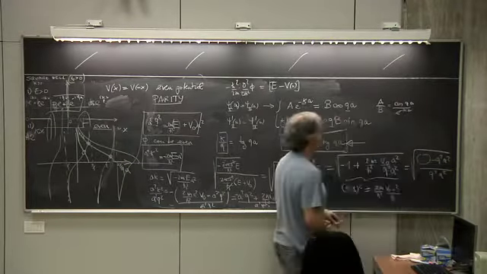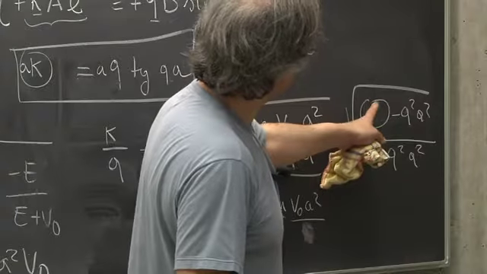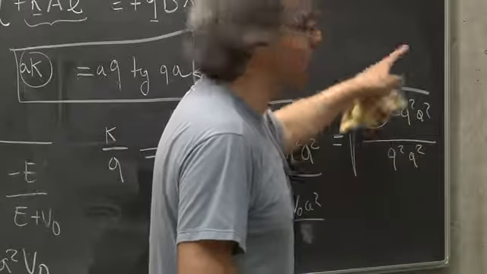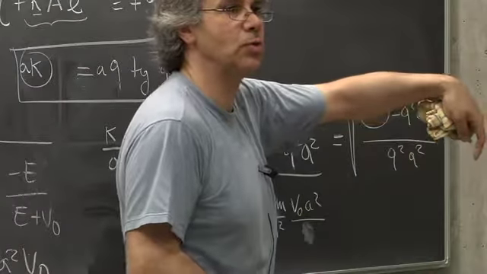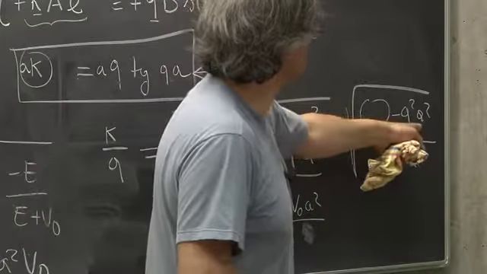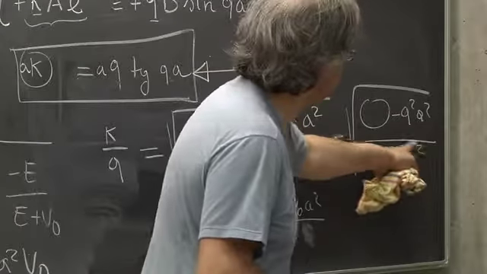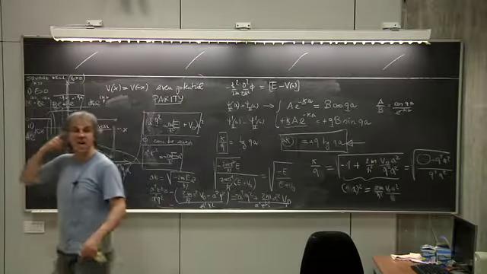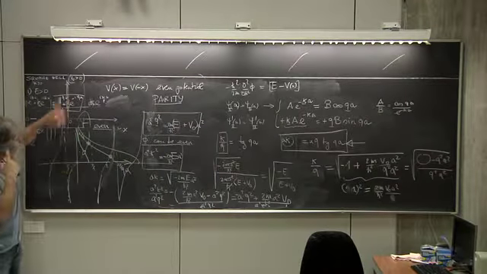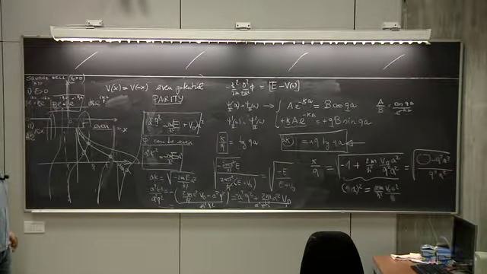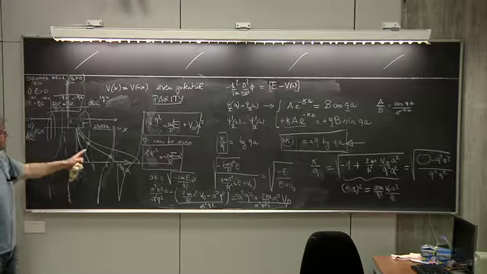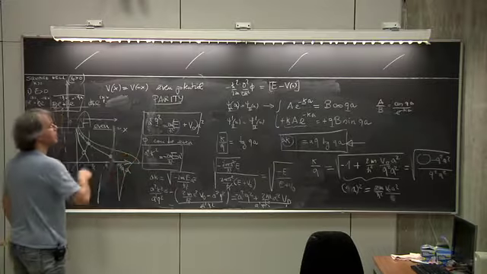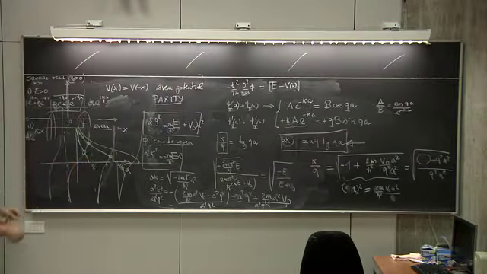Okay? And you see that when this object becomes equal to QA, you get the zero of the square root. If this is smaller, then you have essentially the denominator winning, and you have this divergence there. So in this way, you can find the number of zeros by increasing the depth of the potential V0.